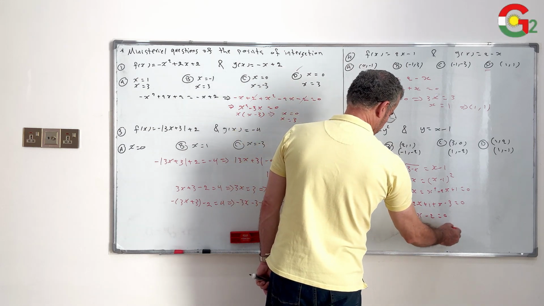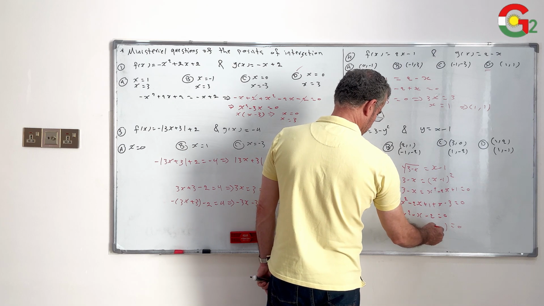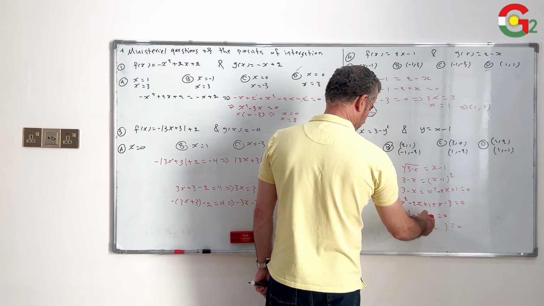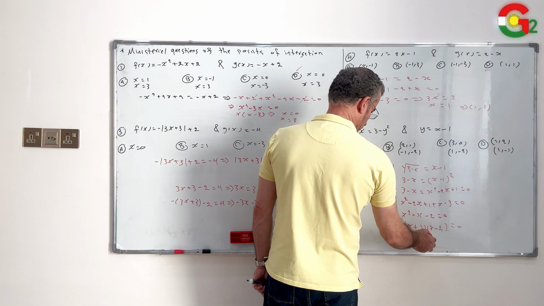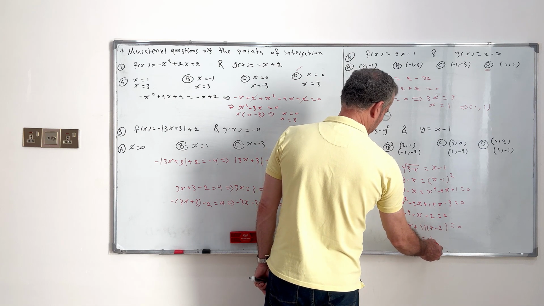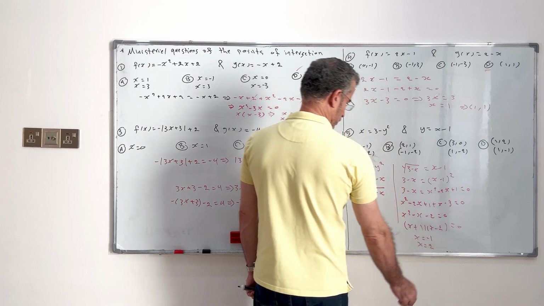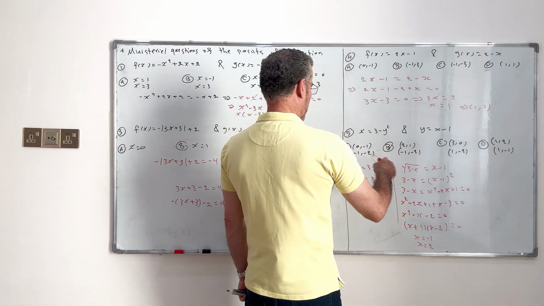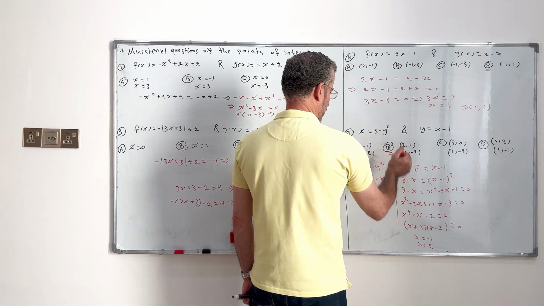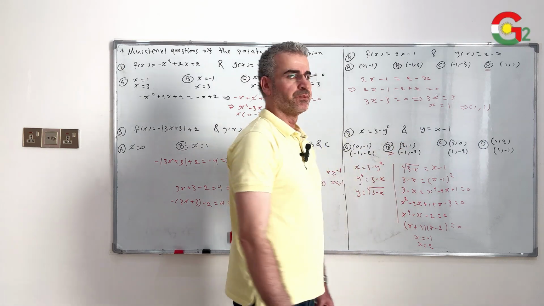Factor: x minus 2, x plus 1. Either x equal to negative 1 or x equal to 2. Negative 1, 2. Choice number B. Intersection.